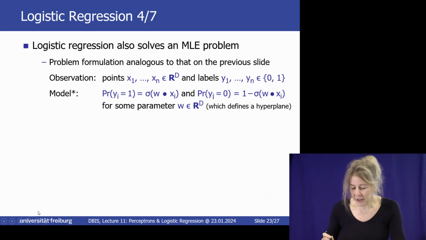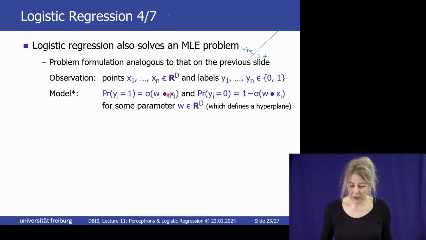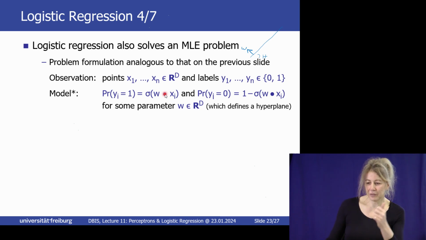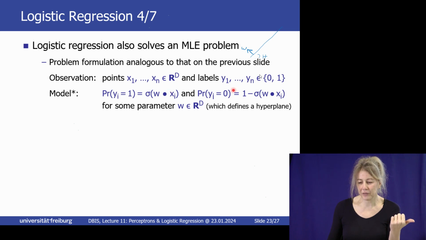And just to give you a little help, what this model assumes is that I have my hyperplane as usual, and I have my normal vector W. And what is this here? This is a value, and we already know that if it's on this side of the hyperplane, it will be a positive value, and the further away it is from the hyperplane, the larger the value.